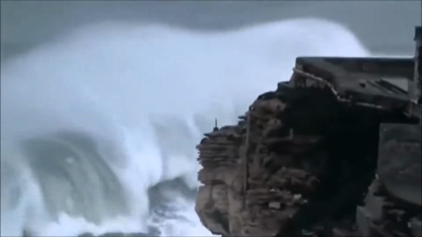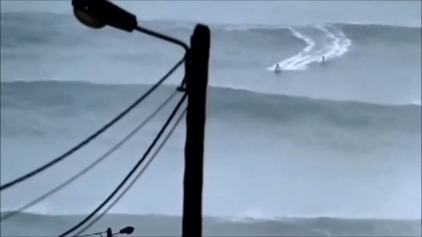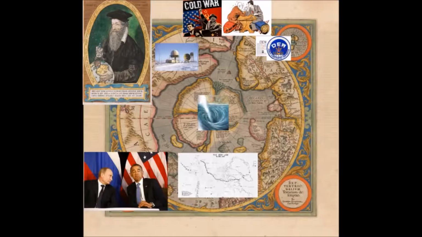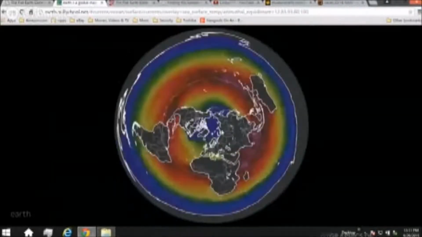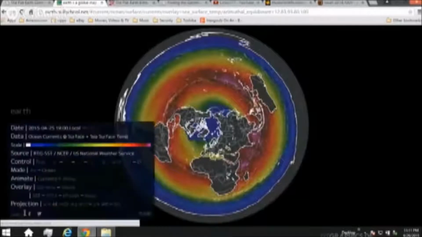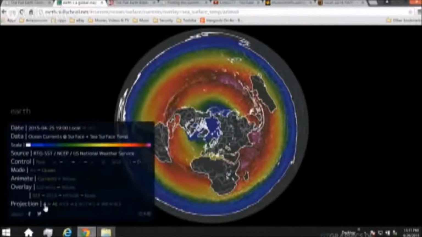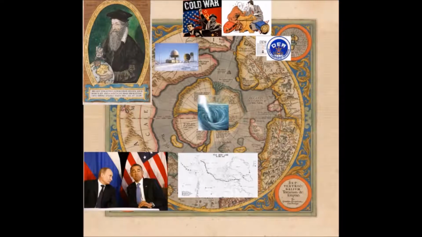As the water is drawn into the whirlpool at the North Pole here, this gigantic whirlpool, and as it circles around Mount Meru and plunges down into the depths of the Earth, that would create suction and pull the air towards that area. And then other air would have to come in from the outside, or from the other parts of the planisphere, to make up for the loss of that sucked air that's going in at the north here.